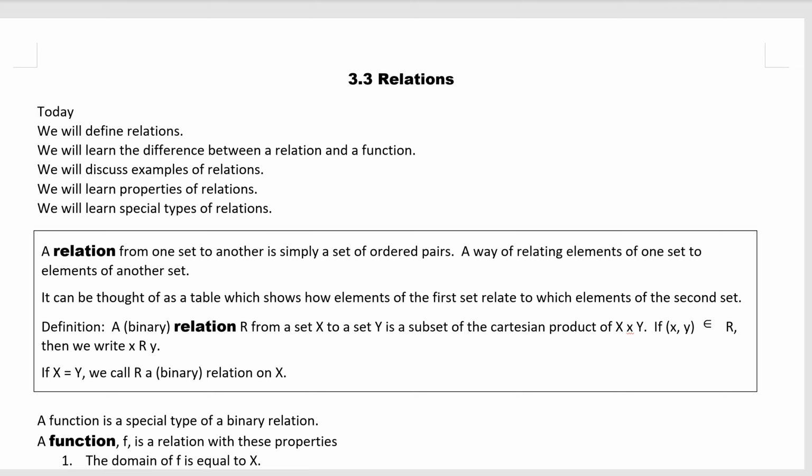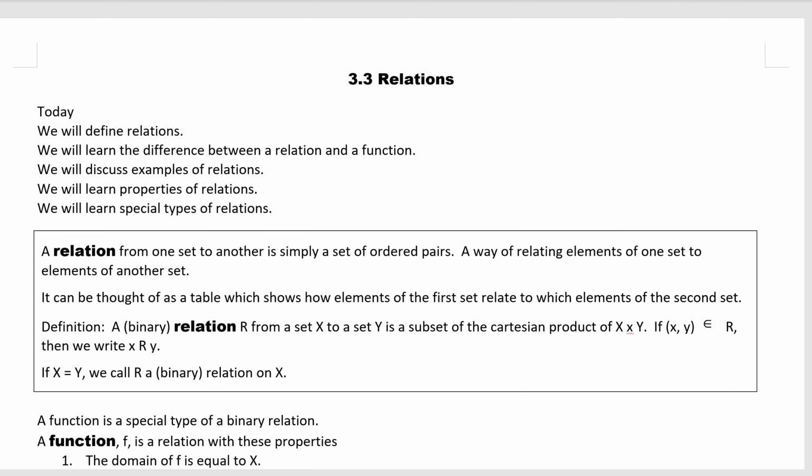A binary relation R from a set X to a set Y is a subset of the Cartesian product X × Y. If the ordered pair (x, y) is in R, then we write xRy. If X equals Y, then we call R a binary relation on X.